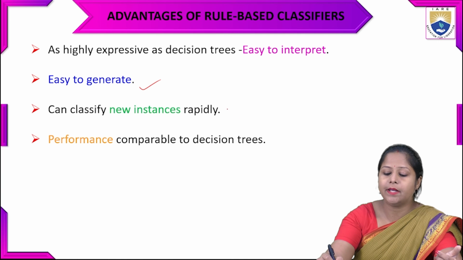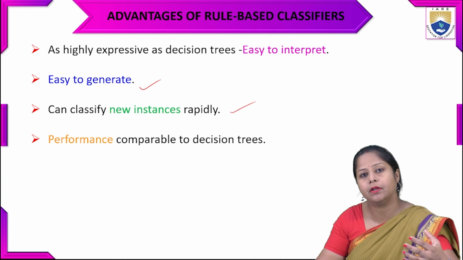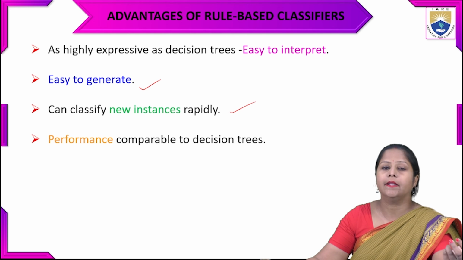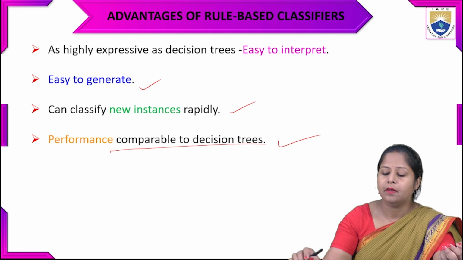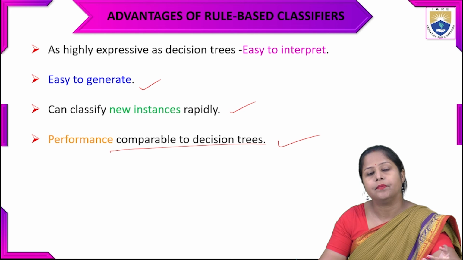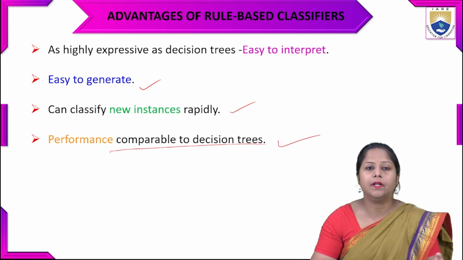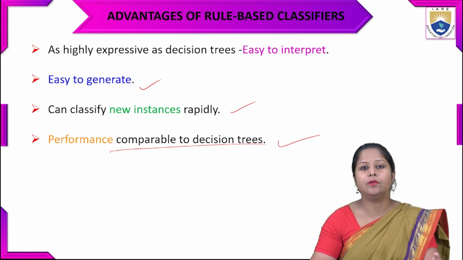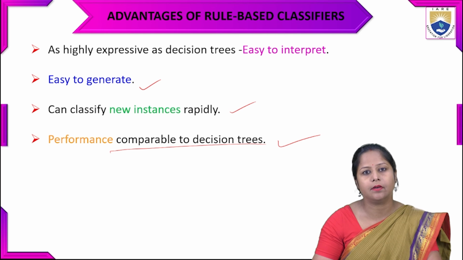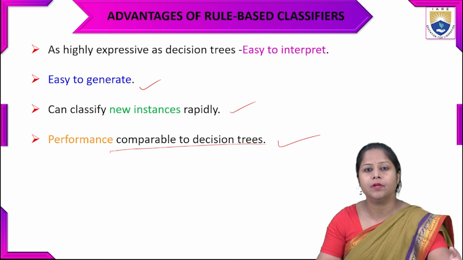We can classify new examples easily from that decision tree, and the performance can also be better than other classifiers. On the basis of the rule-based classifier, we can easily understand the classification of the particular class levels. So that was all about today's class.